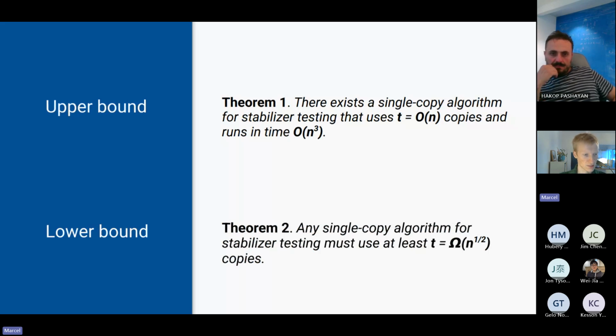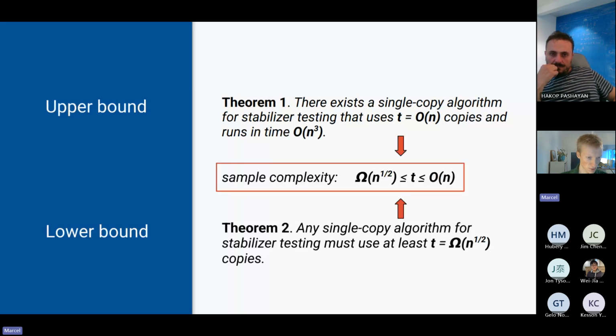That theorem says that any single copy algorithm for stabilizer testing must use at least square root of n copies of the unknown state. So if you take these two together and only focus on sample complexity for now, then we show that the optimal sample complexity for single copy algorithms lies somewhere between square root of n and order n copies.